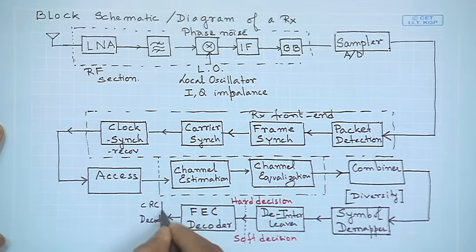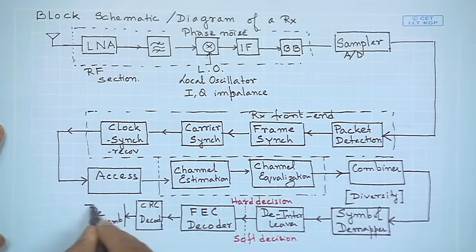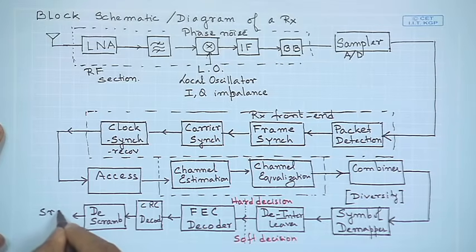We are running out of space in this page, we're trying to put everything together. Then you have the descrambler, we are following the exact opposite sequence that was there, followed by, I would club everything into the source decoder, and I'm making it an open box indicating all the components.